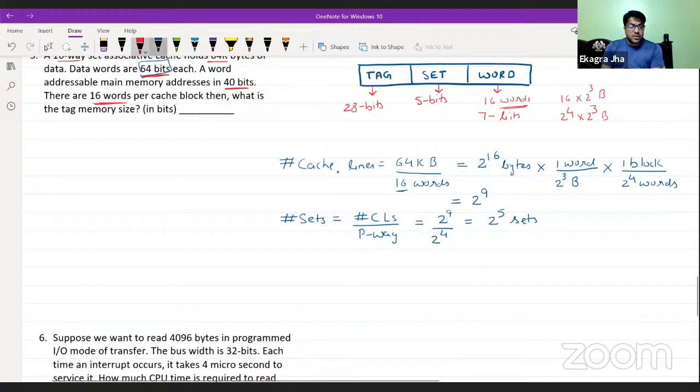So moving on, we need to find the tag memory size. Now, what is the tag memory size? Tag memory size is equal to the number of sets multiplied by the P way, which is 16 in our case, multiplied by the number of tag bits per set.